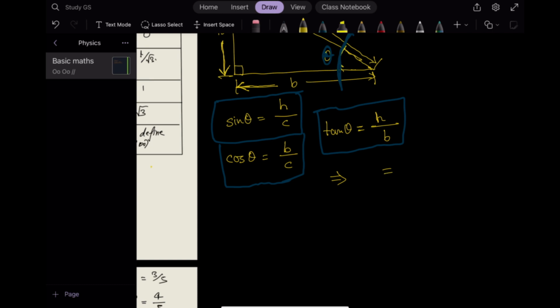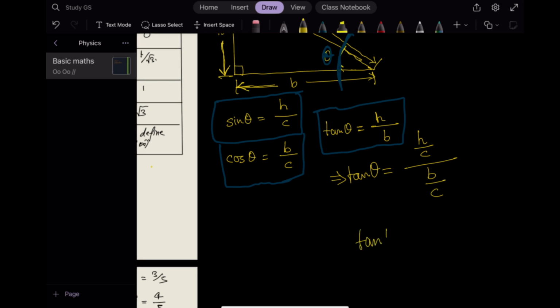In h by b, I can write h by c divided by b by c. This will not change the value of h by b. So tan theta is equal to h by c divided by b by c.